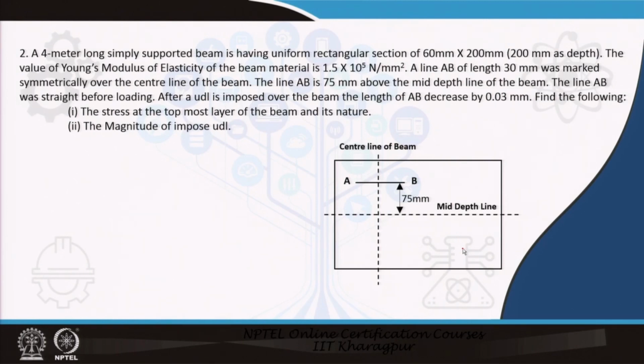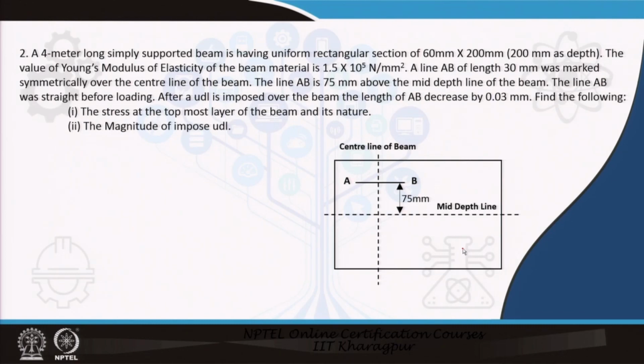A 6 meter long simply supported beam is having, I have marked AB, a line whose length is 30 millimeter, and this line is decreased by 0.03 millimeter when the load is applied, and this is the central line of the beam.